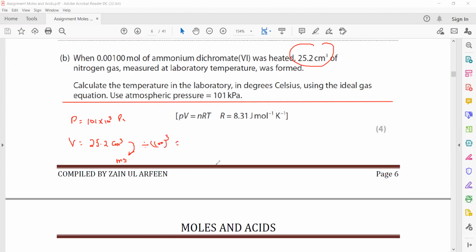So 25.2 divided by 100 cube, this will come out as 2.52 into 10 power minus 5 meter cube. Then the number of the moles they already mentioned in the question.